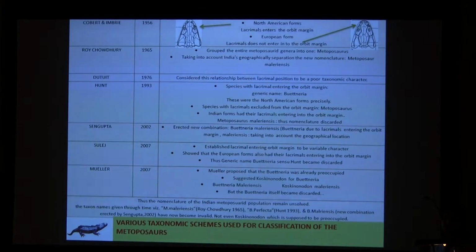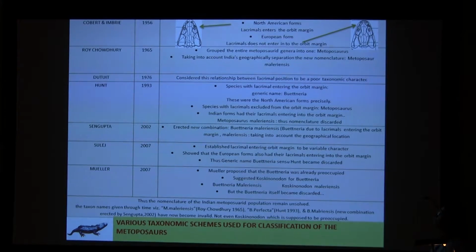The genus name Metoposaurid was kept valid only for the European species, where the lacrimal does not enter the orbit margin, and Buettneria was assigned to the North American species where the lacrimal is supposed to enter the orbit margin. As you listen, everybody can understand what a great confusion this might create.